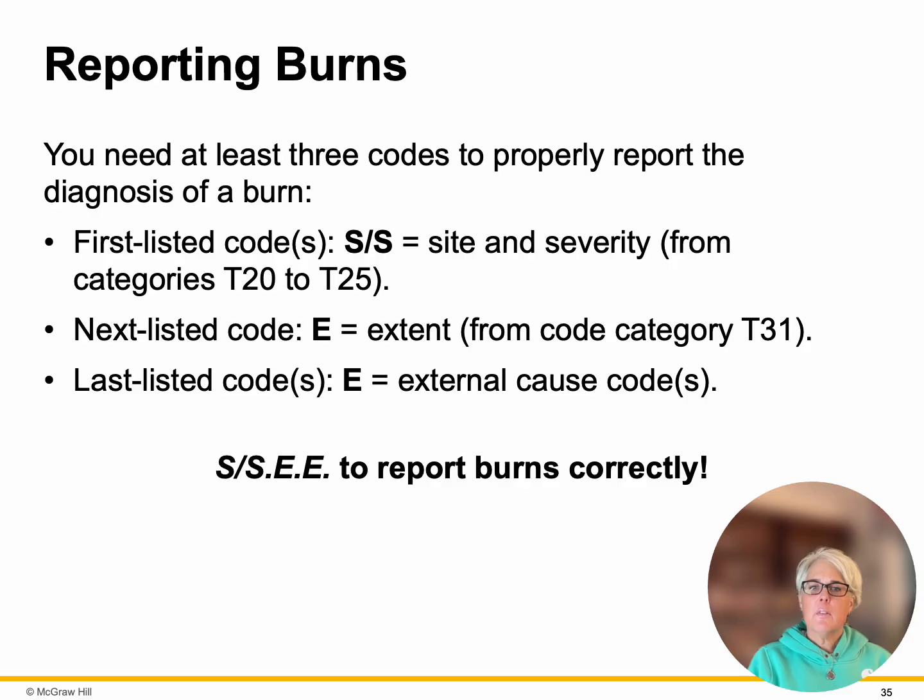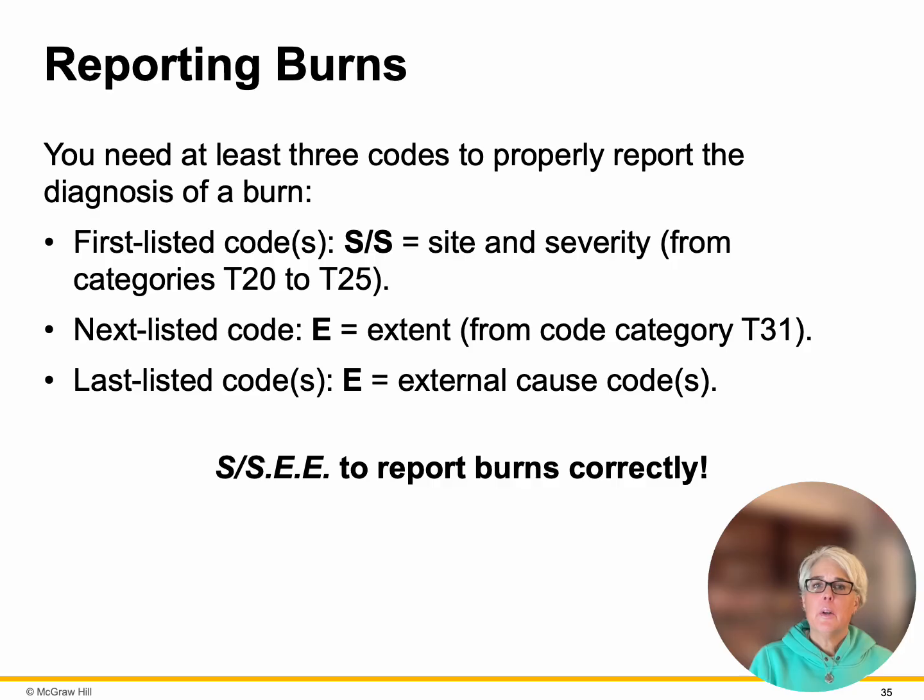So the first listed code, S S, is the site and severity, which is in categories T20 to T25. Next listed we have E, the extent, from code category T31. Last listed is E, external cause codes, so SSEE.